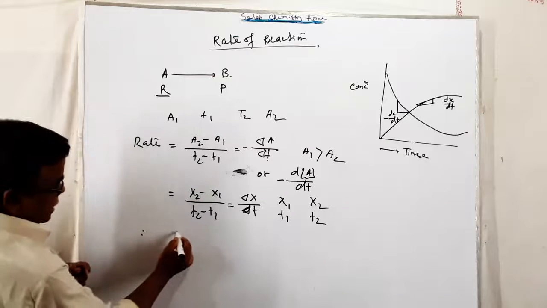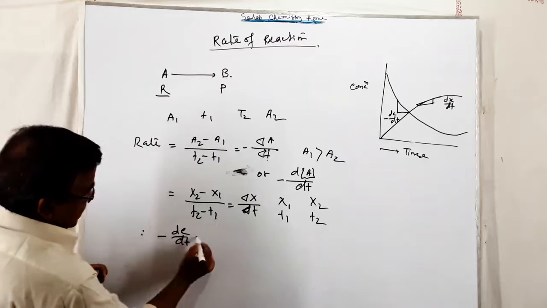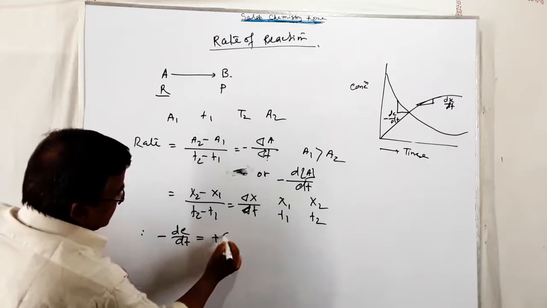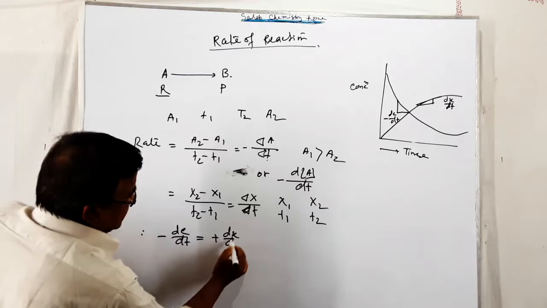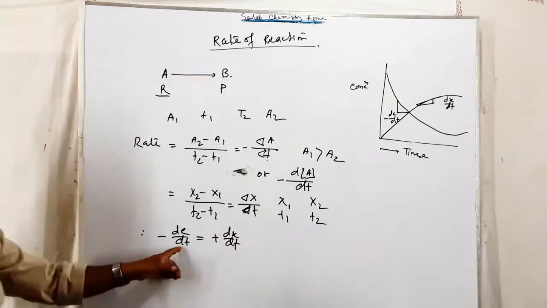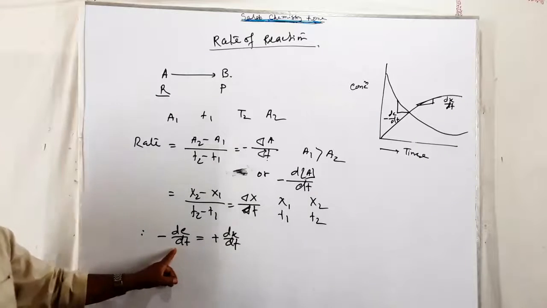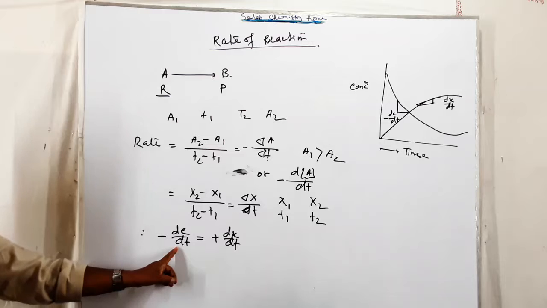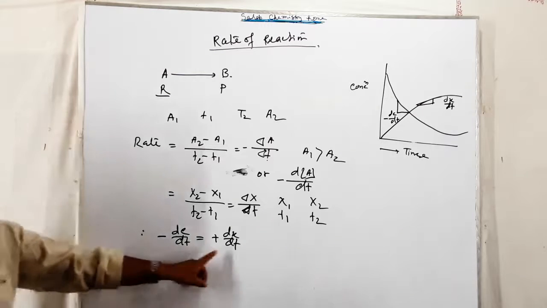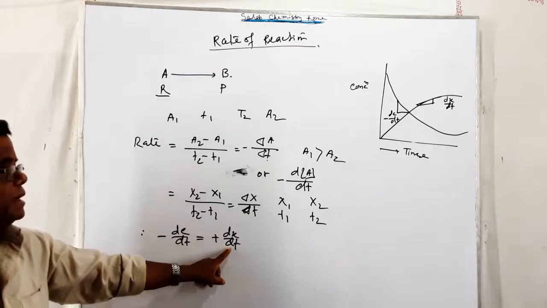So dC by dt equal to plus dx by dt is the rate of the reaction in terms of product. The concentration of the reactant decreases in time dt, and the concentration of the product increases in time dt.